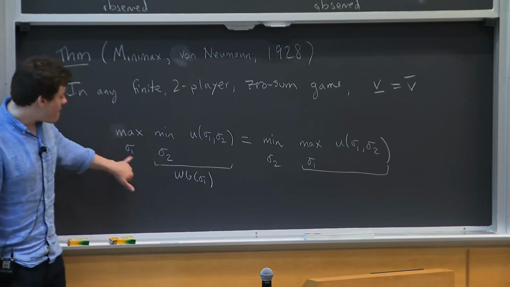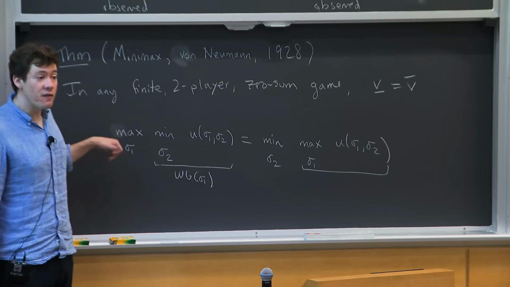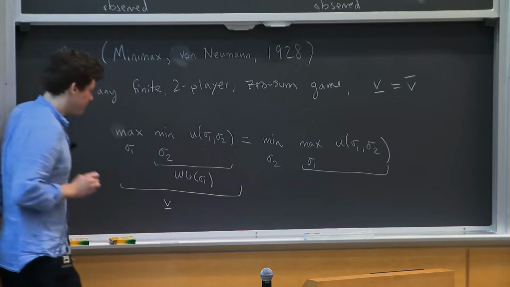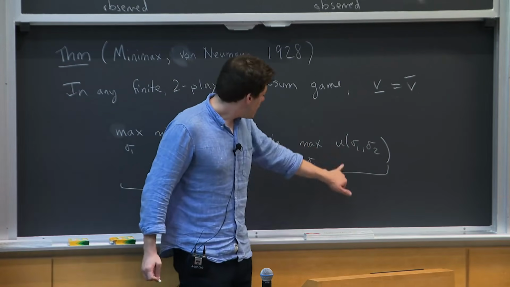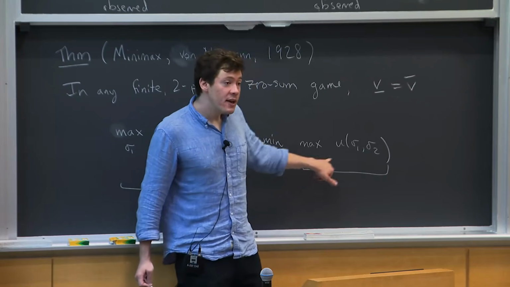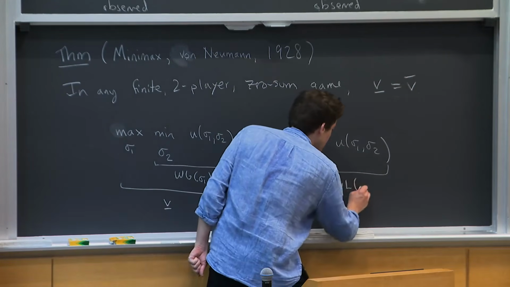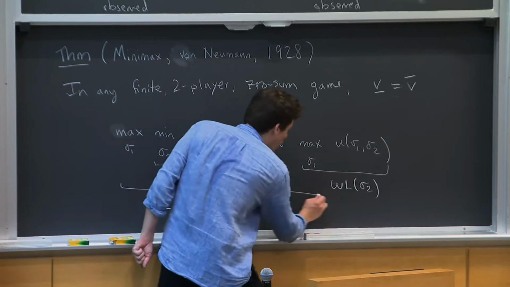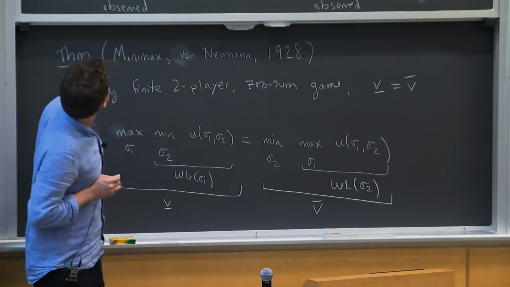And indeed, if we then maximize the worst case gain over sigma 1, this is exactly the definition of V lower bar, right? And then on the other hand, if I'm player 2 and I'm playing sigma 2 and my opponent chooses sigma 1 to maximize my loss, this is my worst case loss from playing sigma 2. And if I then minimize this over all sigma 2, that's exactly the upper bar by definition, right?